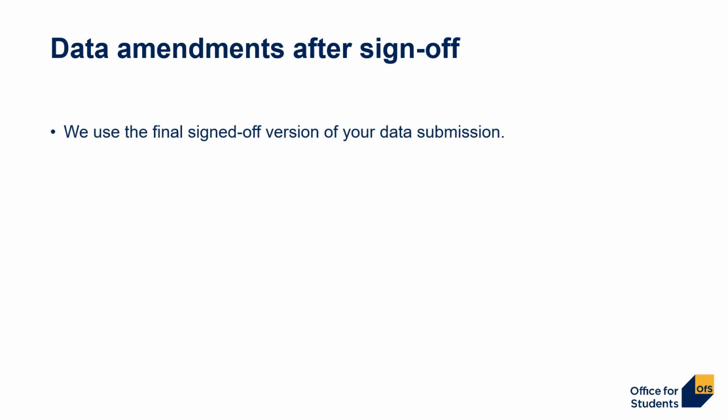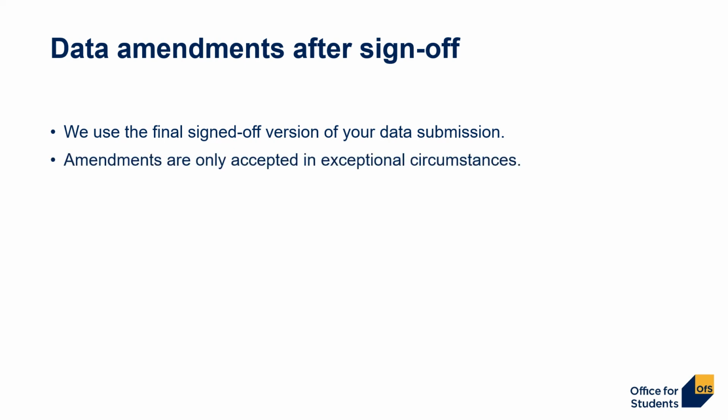We expect that the data we use will be the final version submitted and signed off as correct by the provider's accountable officer. Sometimes errors are identified in the data after it has been signed off, or even after the OFS has used the data. Signed off data can be amended, but we will only accept amendments to final submitted data in exceptional circumstances.